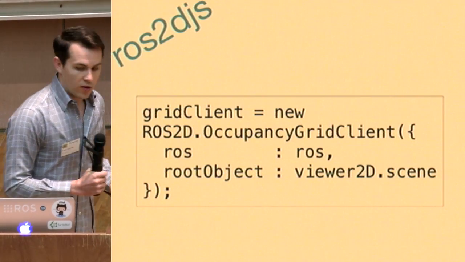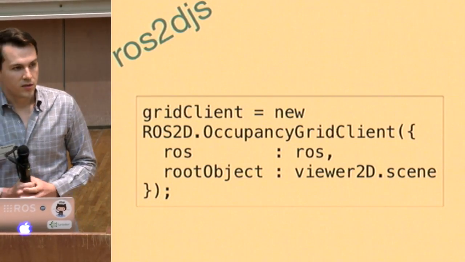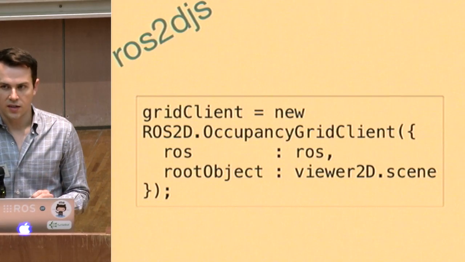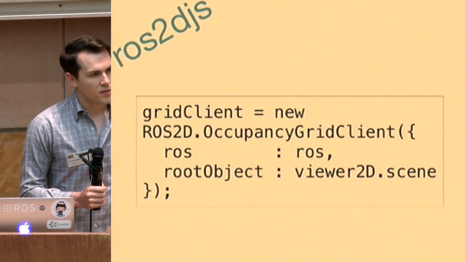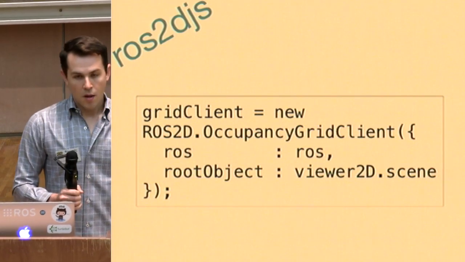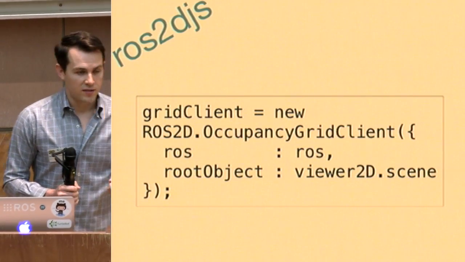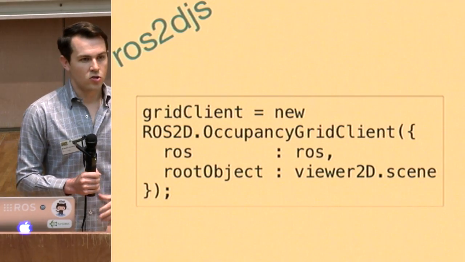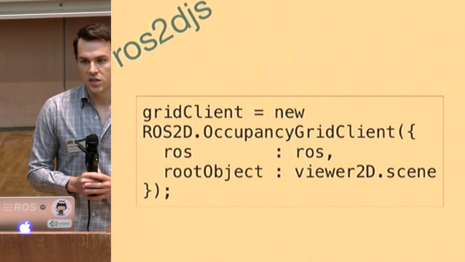So ROS2D comes with occupancy grid client built in, which means that by calling this function and giving it the root scene, it will subscribe to an occupancy grid topic, bring it in, parse the message, which is just a bunch of zeros and ones, and then convert it into and render it as a 2D PNG image.